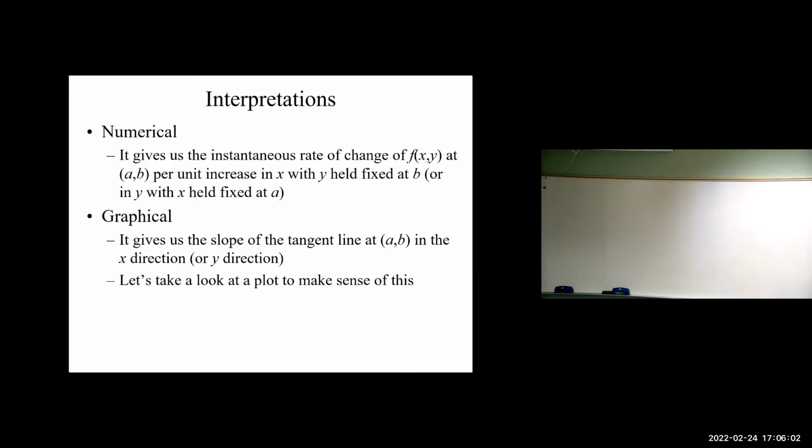Graphically, it actually still gives a slope of a tangent. We'll look at some plots next time, but same thing. It gives us the slope of a tangent line in the x direction holding y constant, or in the y direction holding x constant.